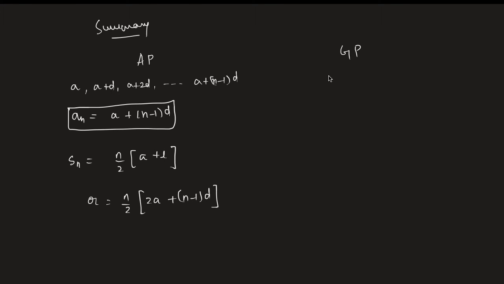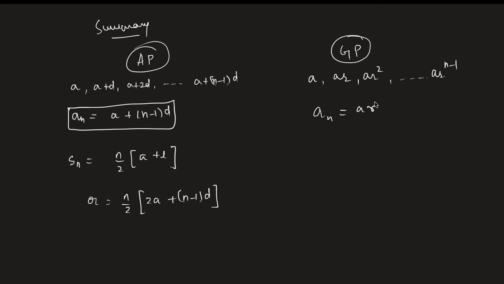Now in GP we can represent any given series by a, ar, ar square and so on, up to ar to the power n minus 1. In AP the common difference of any two consecutive terms was the same. In GP the ratio of any two consecutive terms would be the same. Any given term in the GP can be represented by ar to the power n minus 1.